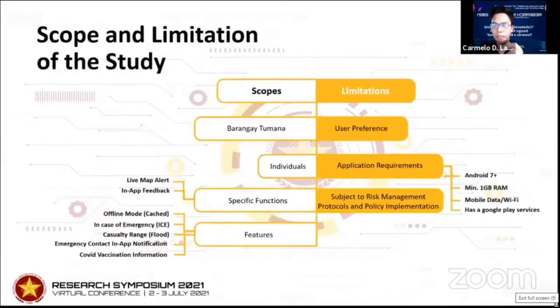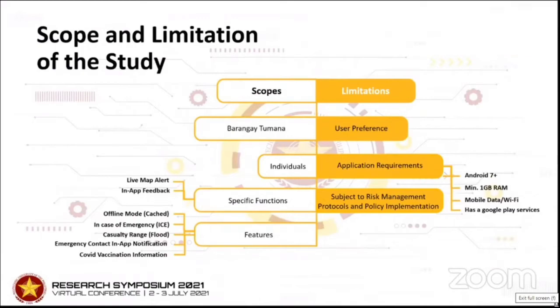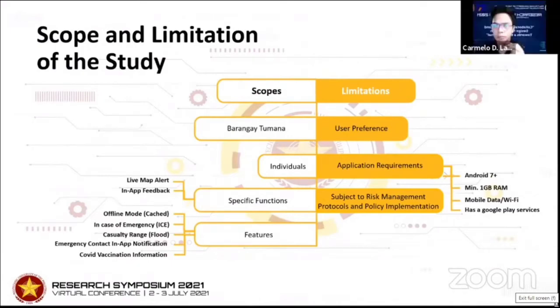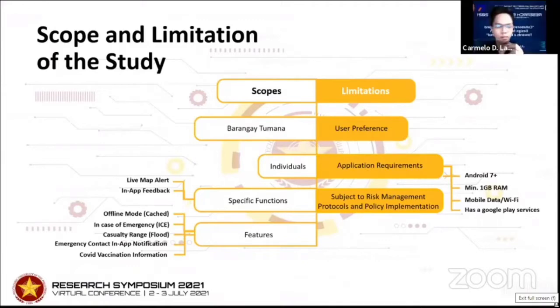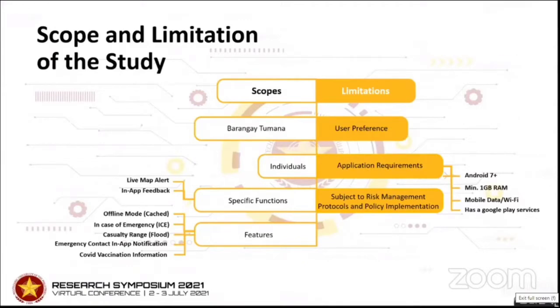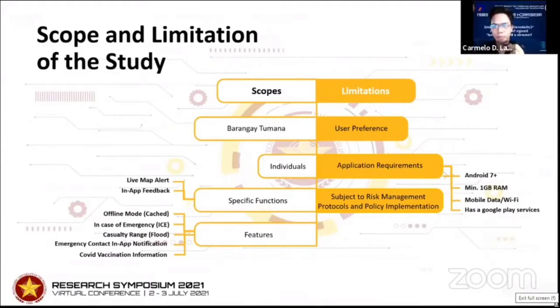Our scope is for the individuals in Barangay Tumana, Marikina City, with live map alert and in-app feedback for the functions, and offline mode, in case of emergency or ICE, casualty range, emergency contact, in-app notification, COVID vaccination information for the features.